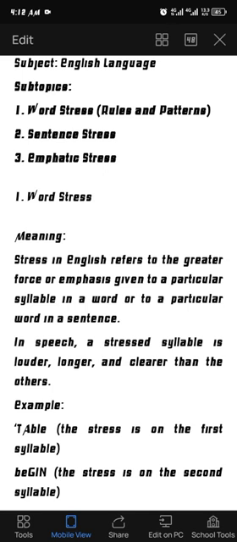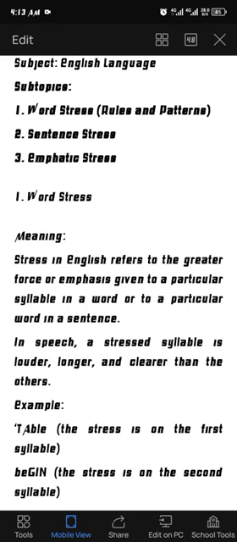You would always encounter things like this. In speech, a stressed syllable is louder, longer, and clearer than the others.